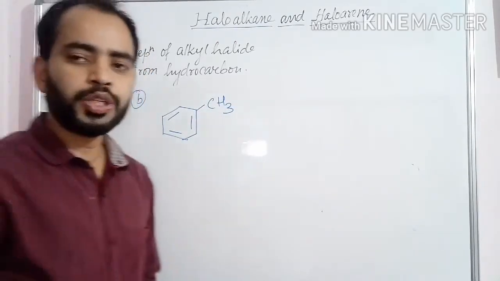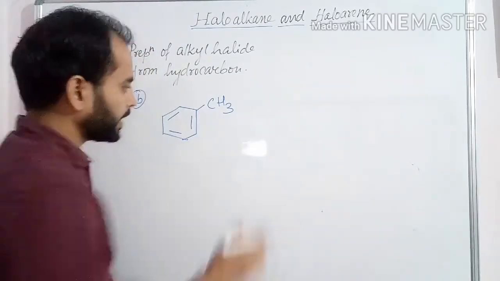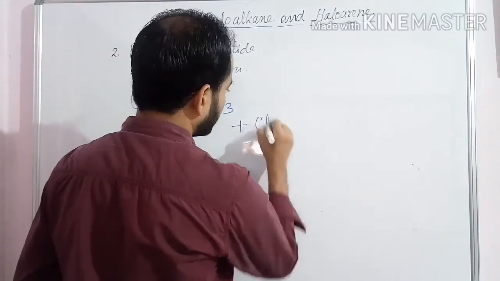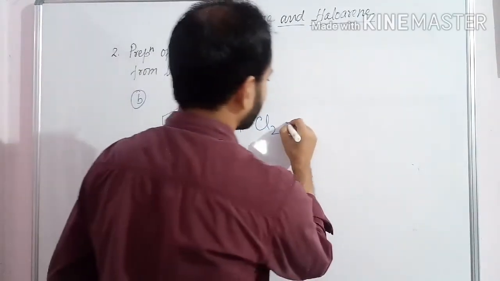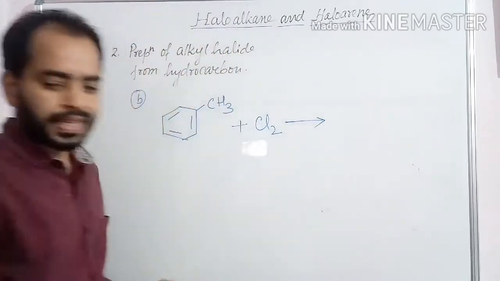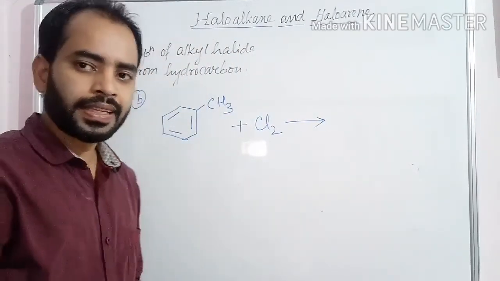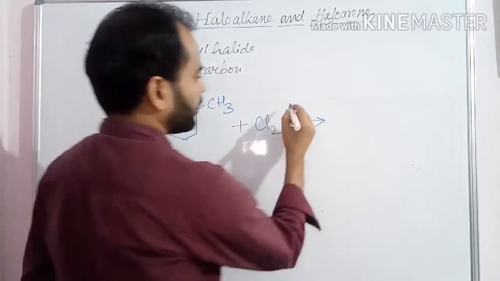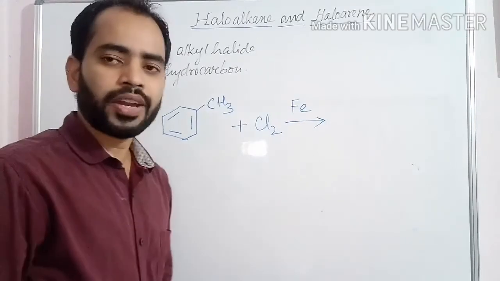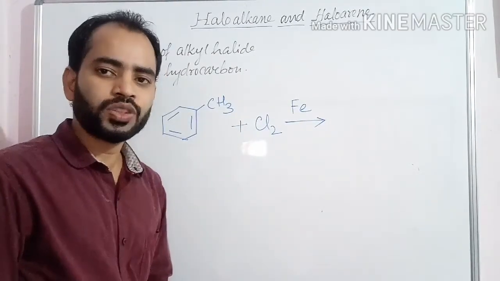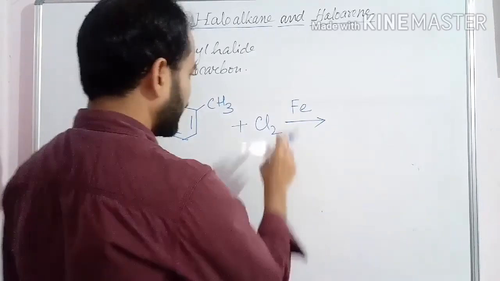suppose this is your toluene molecule. Now if we react it with Cl2 in presence of either iron or iron chloride, FeCl3, as catalyst, then what happens?